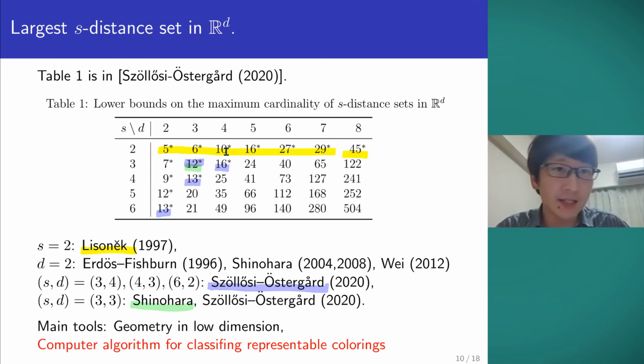On the other hand, for the largest s-distance set in R^d, the situation is different from the sphere. So first, for s equal to 2, Rosenfeld proves like this. This number means the maximum cardinality of a 2-distance set. The asterisk means we can determine the largest s-distance set.